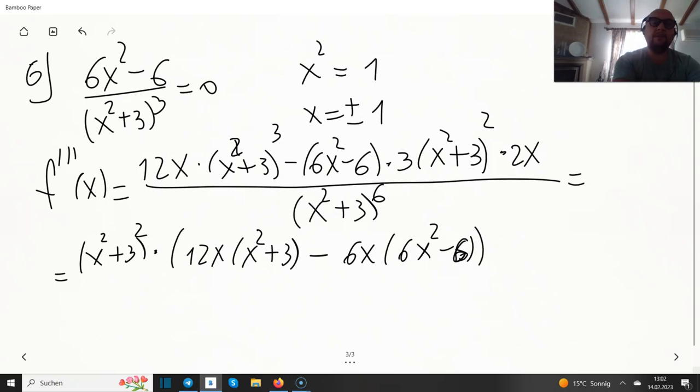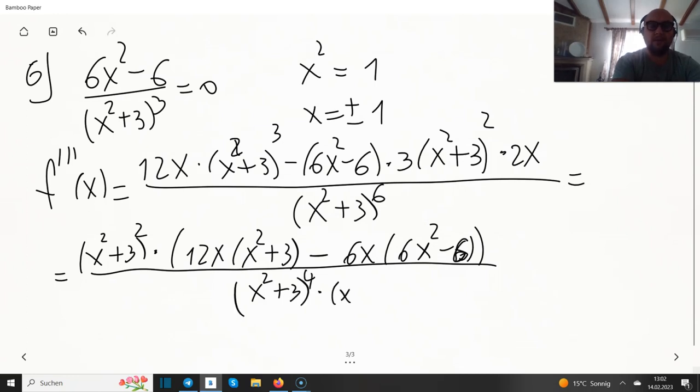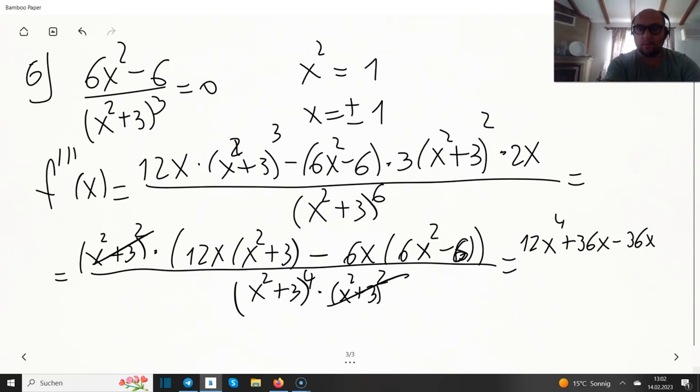I close the parentheses, divided over x squared plus 3 divided still by 6, but I'm writing it as to the power of 4, and squared, boom, bam. Easier, getting easier. Okay, 12x to the power of 4 plus 36x minus 36x cubed plus 36x squared.